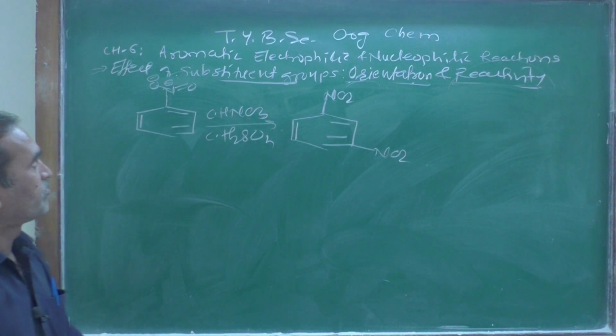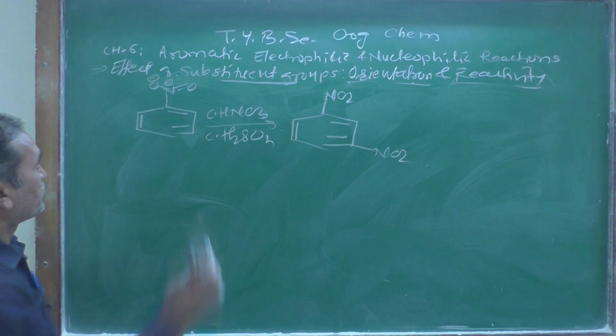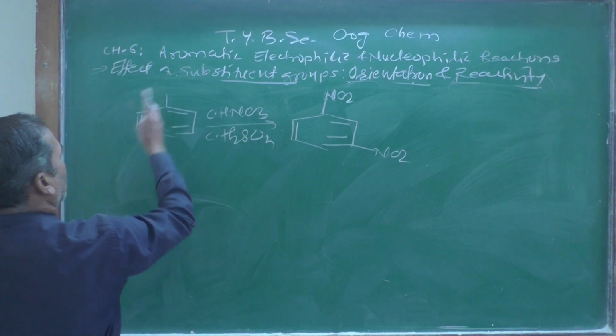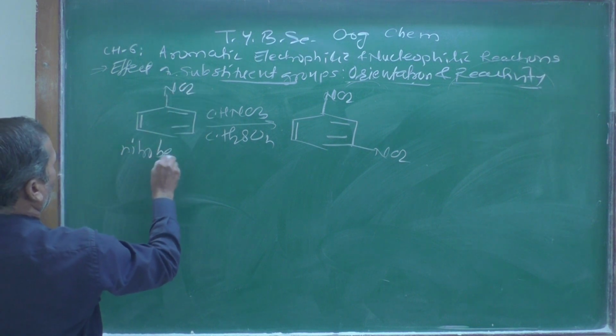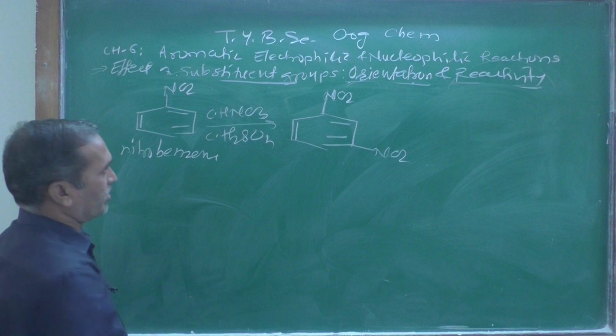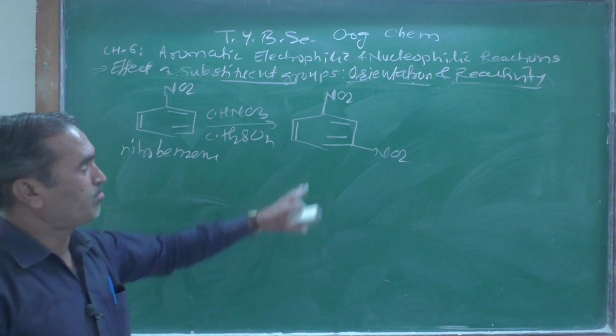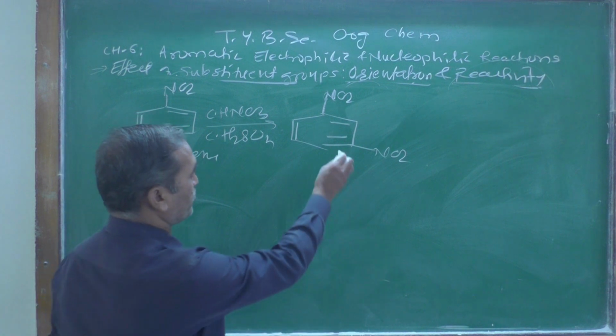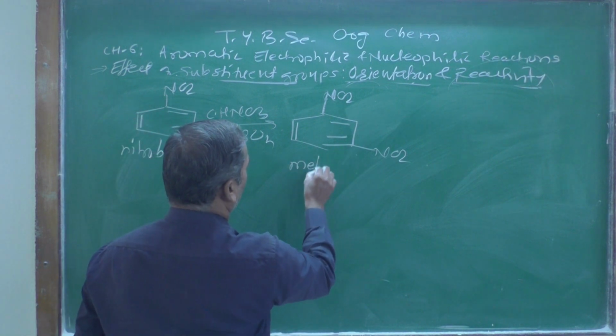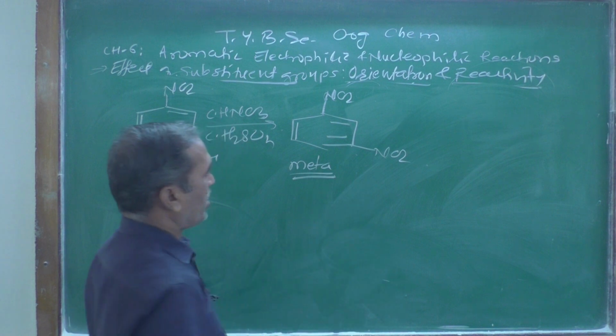NO2 groups are there; for the sake of convenience you can write it here. This is nitrobenzene, further treated with the nitrating mixture, and we get only one product, only the meta product.